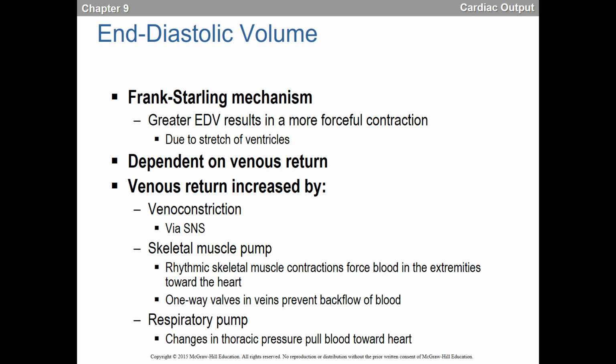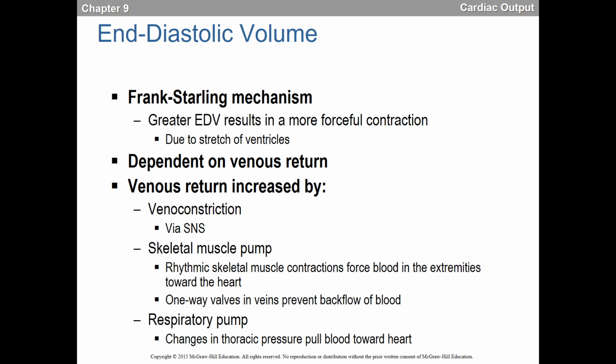Here's just a term that I want you to be aware of. This is kind of like stretching a rubber band more, and then there's a more forceful contraction, like a snap on the other end of it. So the Frank-Starling mechanism is talking about how a greater end diastolic volume results in a more forceful contraction.